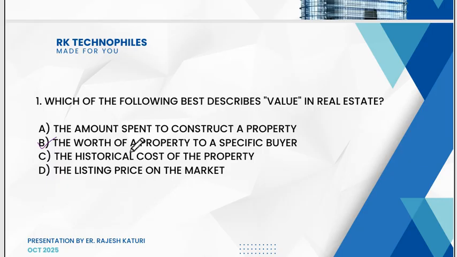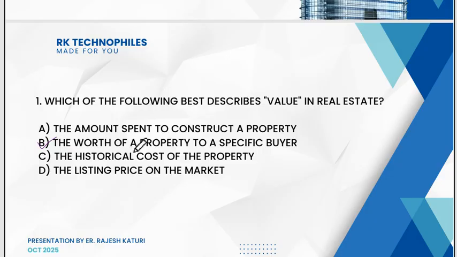Okay, it's not a value actually. Value means so many things will be involved. The worth of a property is value. The historical cost is past expenditure. Market dynamics are not considered here. So D part is listing price. Seller's expectation actually may not match actual market value. So the answer will be B.